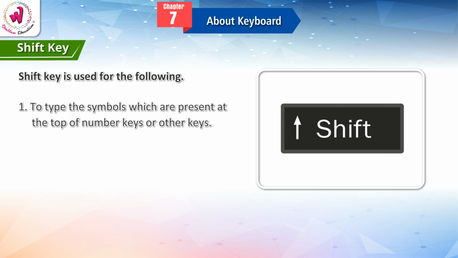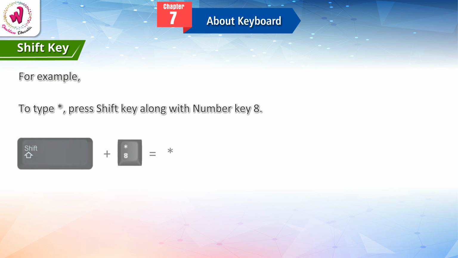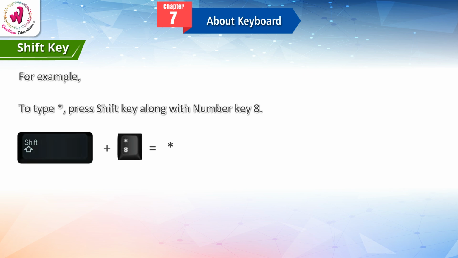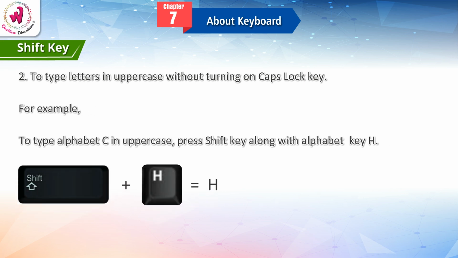To type the symbols which are present at the top of number keys or other keys. For example, to type asterisk, press Shift key along with the number key 8. 2. To type letters in uppercase without turning on caps lock key. For example, to type alphabet C in uppercase, press Shift key along with alphabet key C.